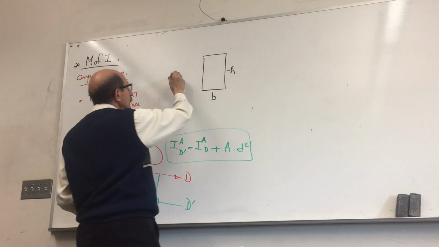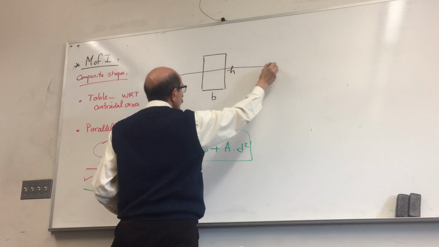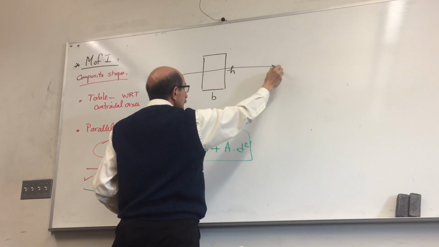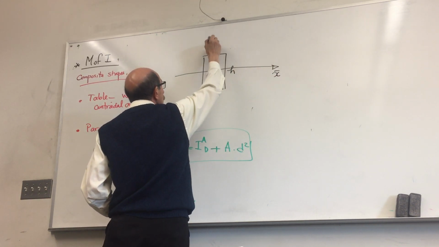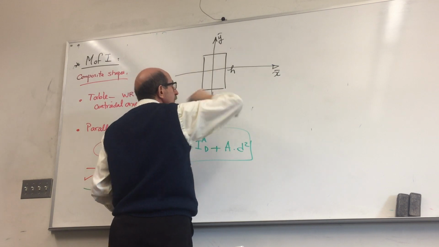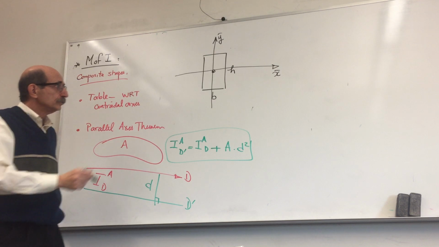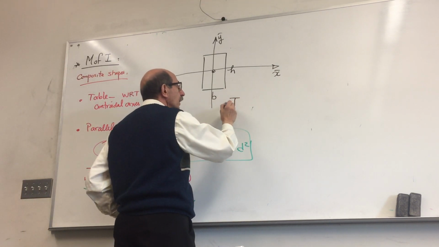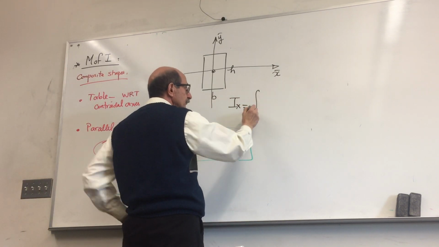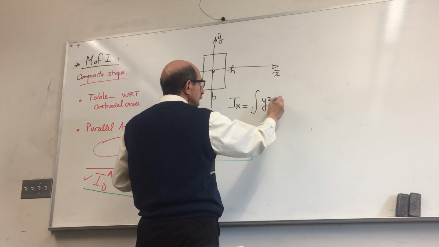First, let's find the moment of inertia of this shape about its centroidal axes. These are the axes that go through the centroid of this shape. How do you do that? Ix is the integral of y squared dA, right?